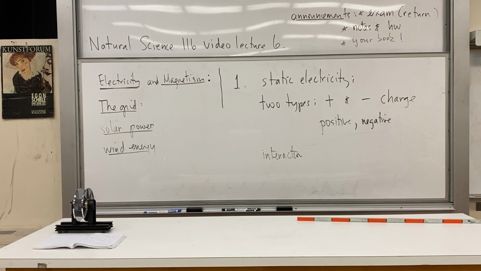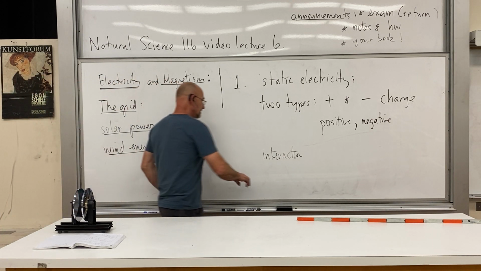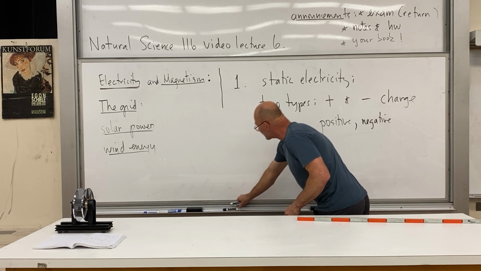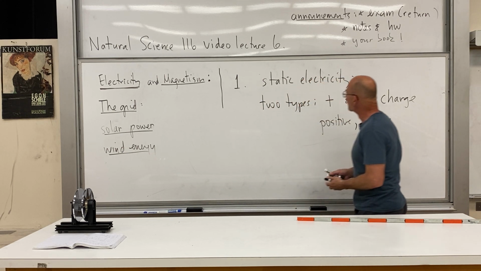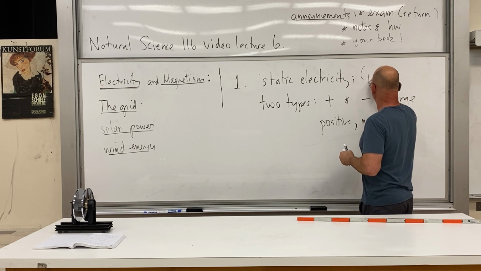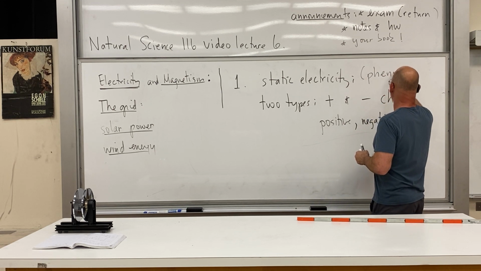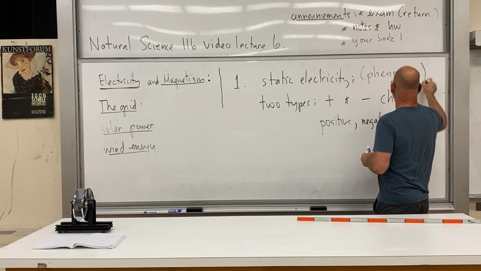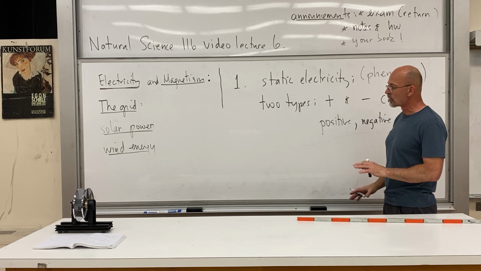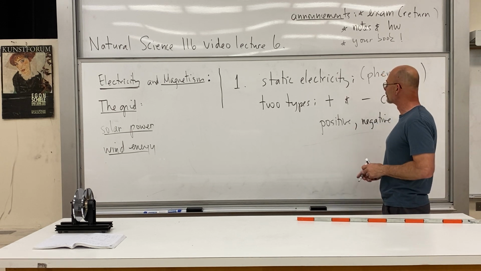So we've got an interaction. Here, let's write that out. Let's make sure we're getting this down systematically. So let's see, what do we have here? We have static electricity, and I'll just write here phenomena that you're aware of. Everything having to do with static cling and sparks and walking across the carpet and so forth.